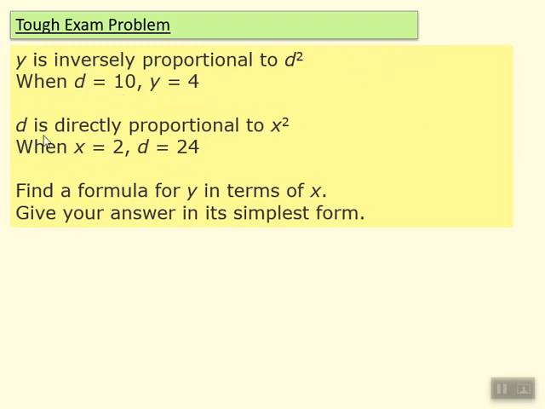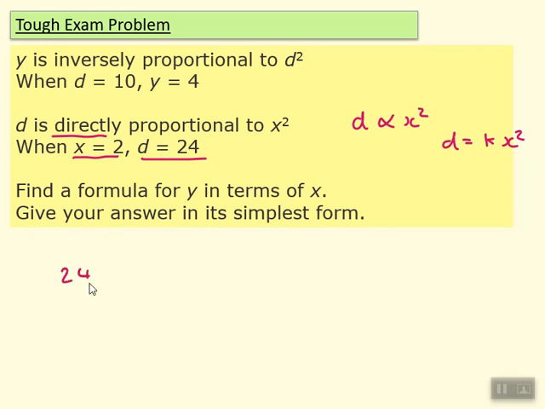Okay, so it says D is directly proportional to X squared. That means D is equal to something times X squared. Okay, so that's the template for what the formula is going to look like. So X is 2, D is 24. Let's plug those numbers in.